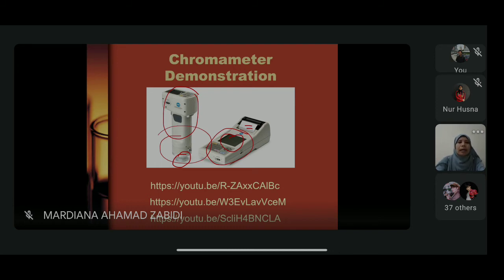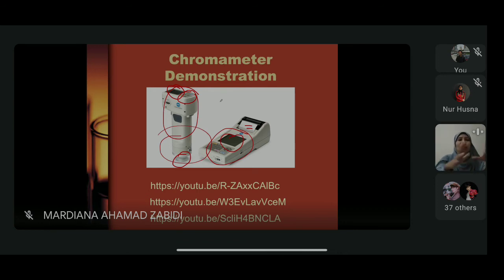Okay. Dekat atas ni pun ada display unit. Ada display screen. So if let's say you don't attach this chromameter unit to this display unit, you still can have the readings from this particular screen. And the color measurement still can be done by using the buttons on this particular screen. Okay, sama je.